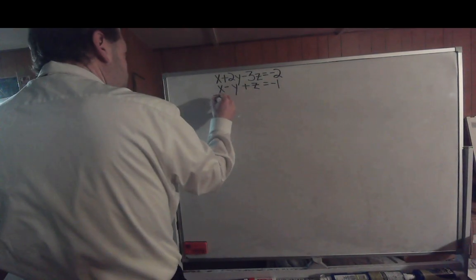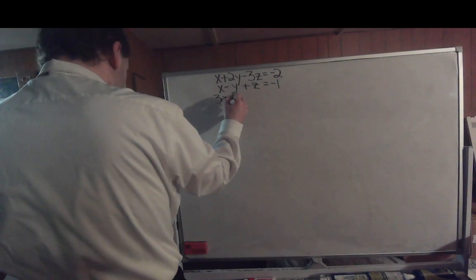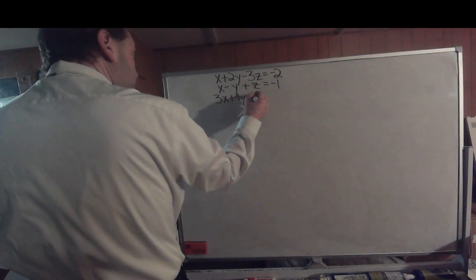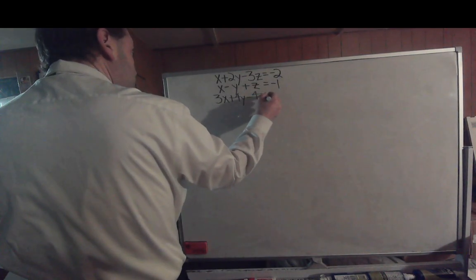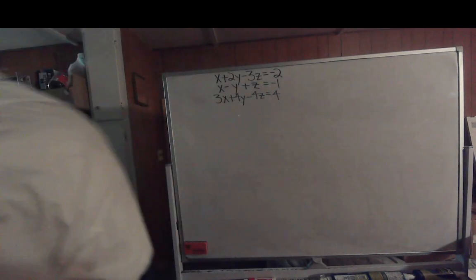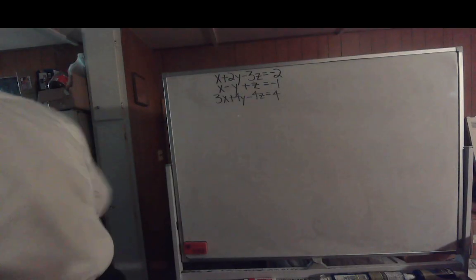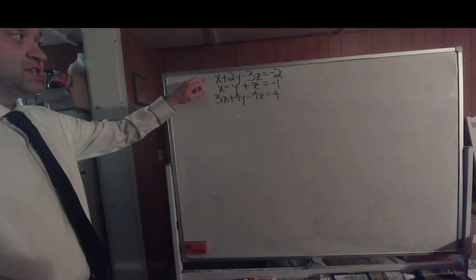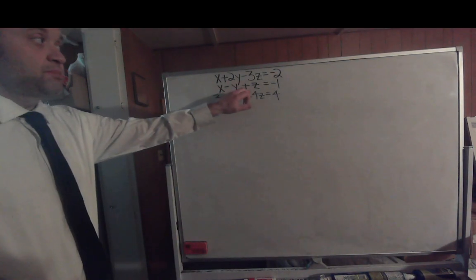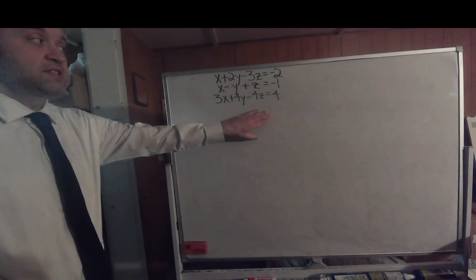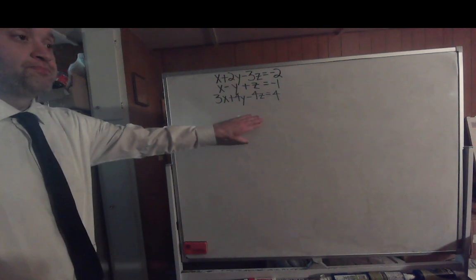Then we have 3x plus 4y minus 4z is equal to 4. Alright, so we have x plus 2y minus 3z equals negative 2, x minus y plus z equals negative 1, and then 3x plus 4y minus 4z equals 2.